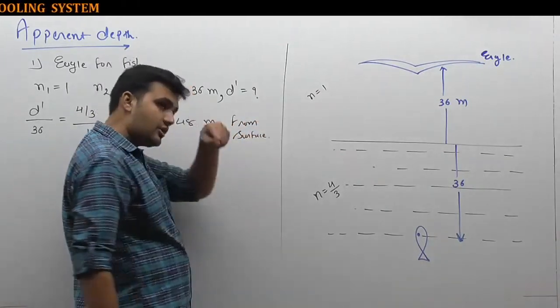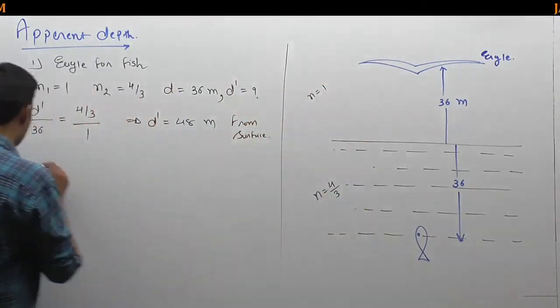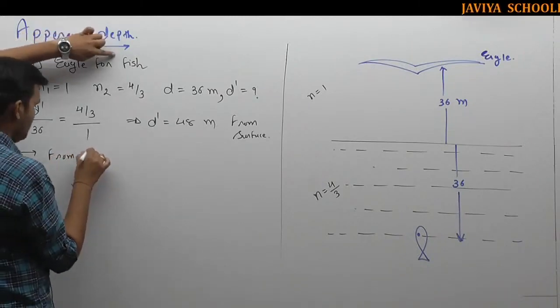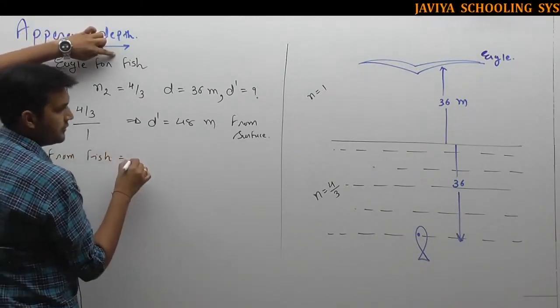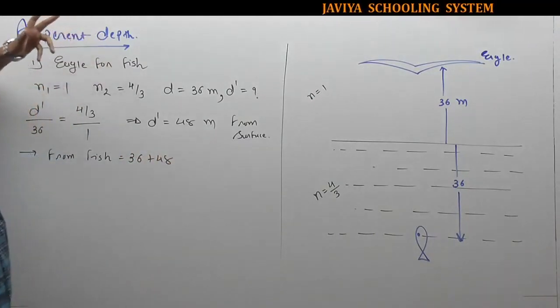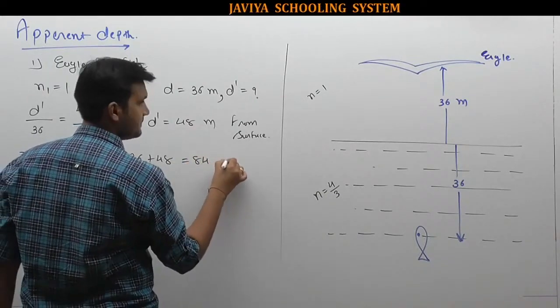So from the fish, where will it appear? From the fish, if someone asks, because this fish is the observer, how much is it? 36 plus 48 from the boundary. That comes out to be 84 meter.